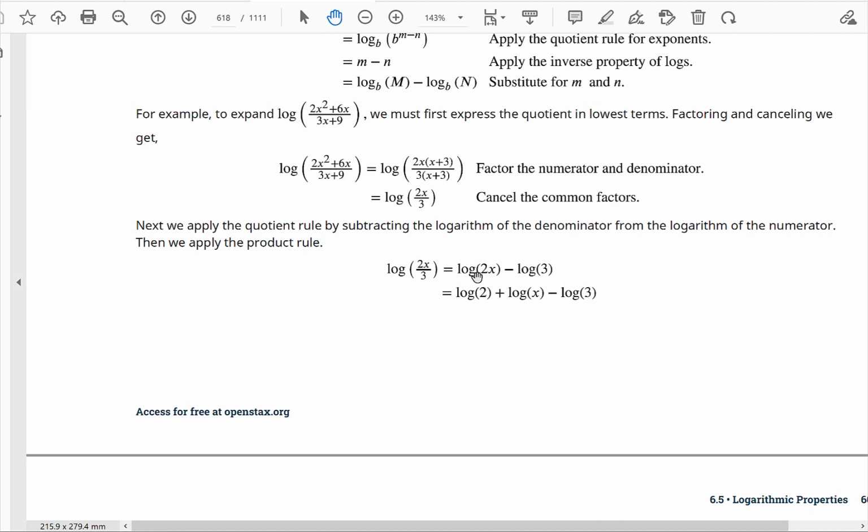And here, since this is a product, you have an addition, but logs with the subtraction. And see, this expression is so complicated, and this one is much easier to use with these rules: the product rule, the quotient rule, and the power rule.